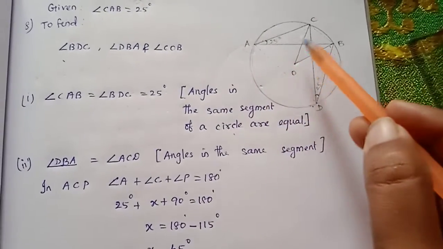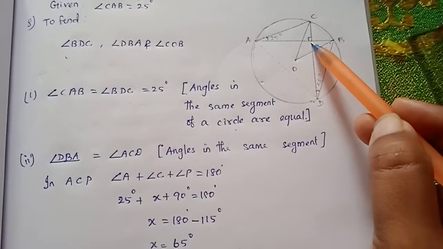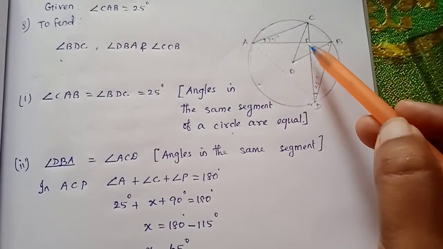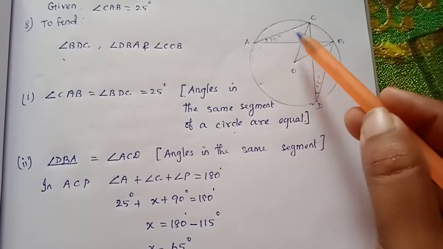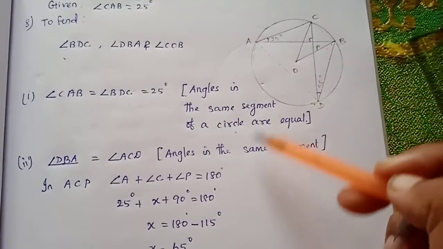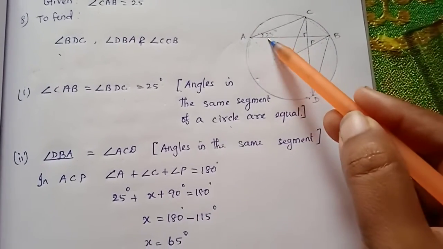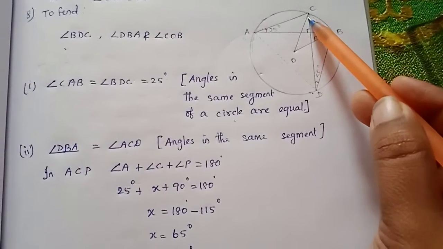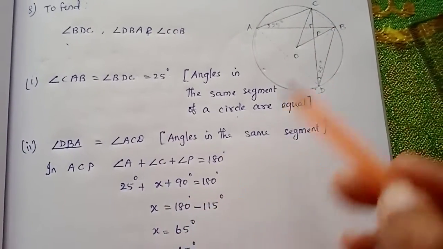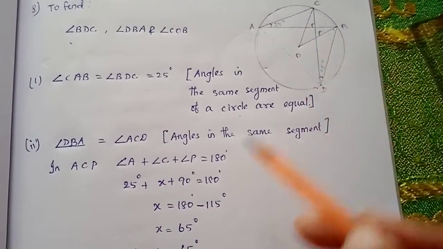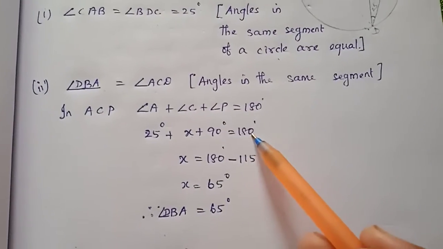Now, in triangle ACP, in triangle ACP, angle A plus angle C plus angle P equals 180 degrees. Angle A is 25 degrees. Angle C we don't know, so we'll consider it as x. Angle P is given as 90 degrees.